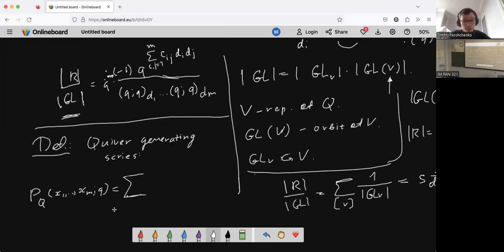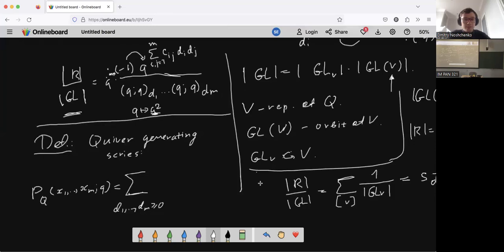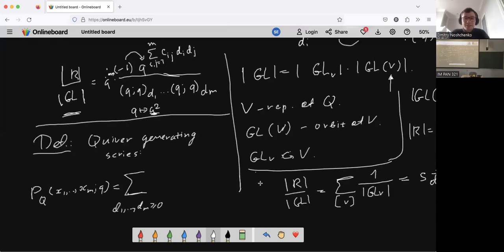But we want to sum it over all dimension vectors d_1 to d_n. And we also want to put this minus sign inside here. And the second thing that we want to consider is to let q go to q squared. So instead of q, we work with squares of q. This will be very important when we study invariants from quivers and other things.